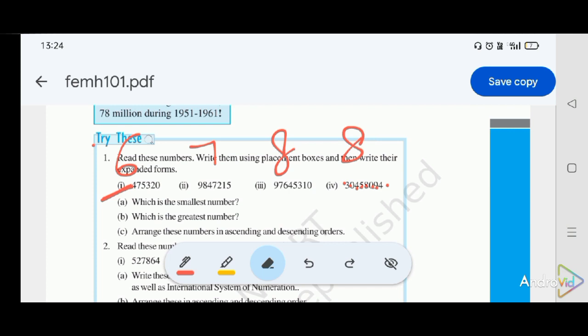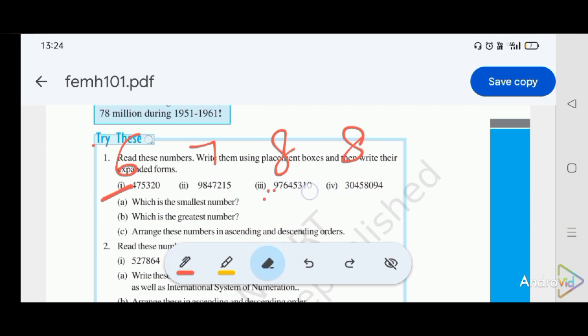For B, which is the greatest number, when we compare 3 and 4, both numbers have the same number of digits, but when we check their places, in the crore place it is 9 and it is 3 over here. We know very well that 9 crore is more than 3 crores.